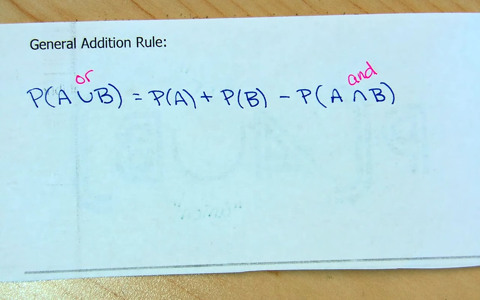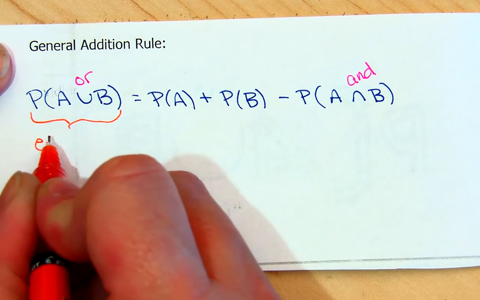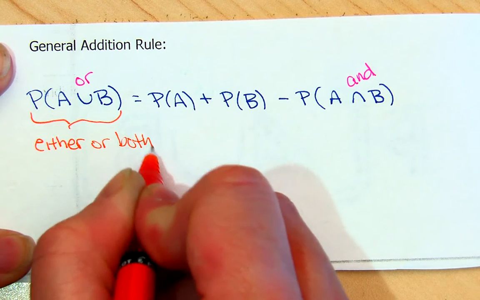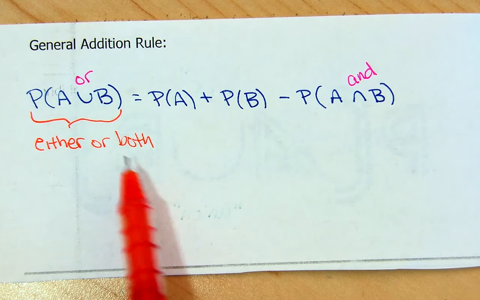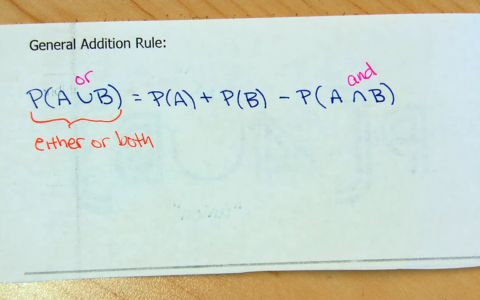So when you're looking at this, OR is always either or both. So it includes A, it includes B, and it includes where both things occur. Unless they specify otherwise, you're always going to have either one or both.